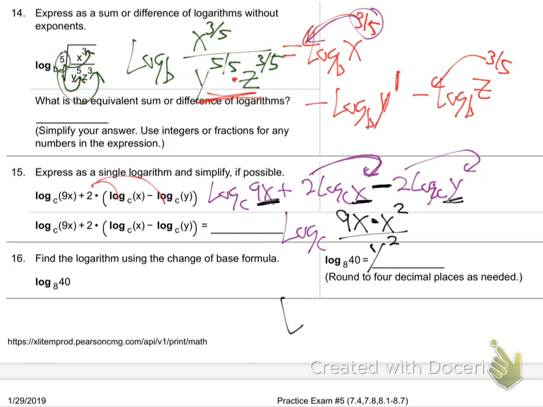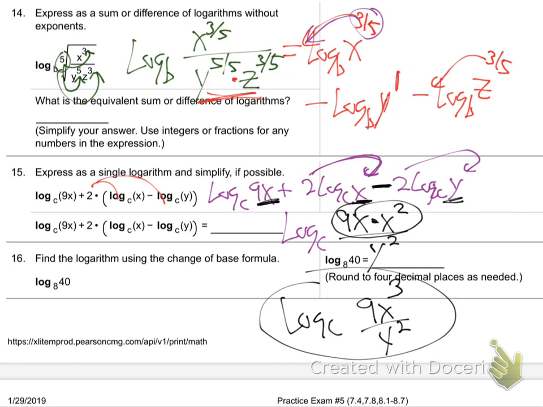Last thing, we'll just combine those: 9x times x squared, 9x cubed over y squared. There it is. Yeah, it looks more like a 4, but it's a y.